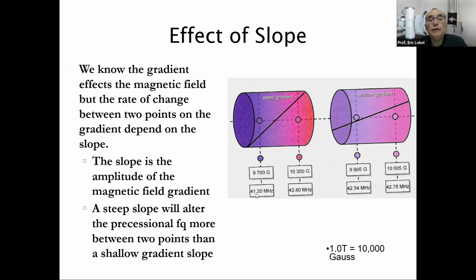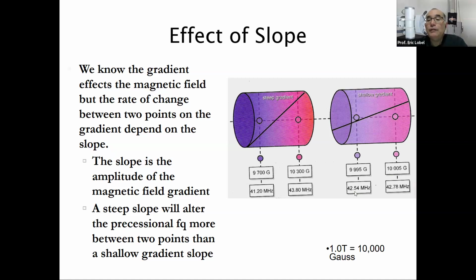Here we have a frequency of 41.20 versus 43. A shallow gradient is not going to alter those precessional frequencies as much. With this very shallow gradient, we have a difference of only 10 Gauss versus, what did I say, 600.